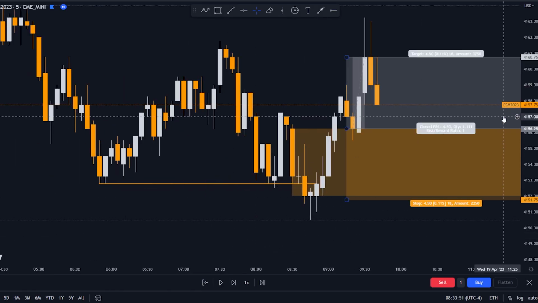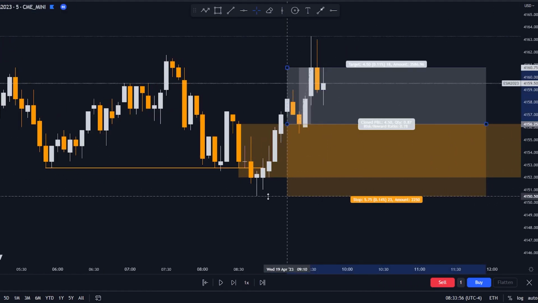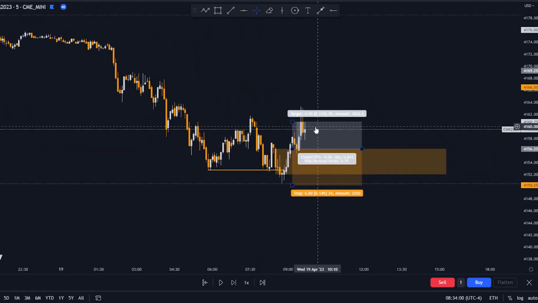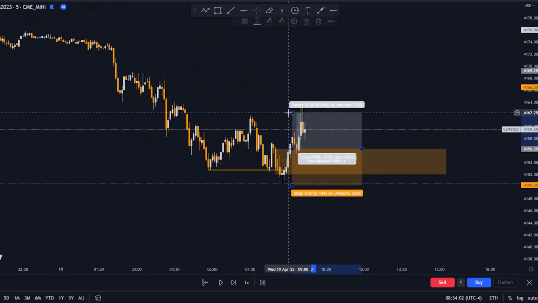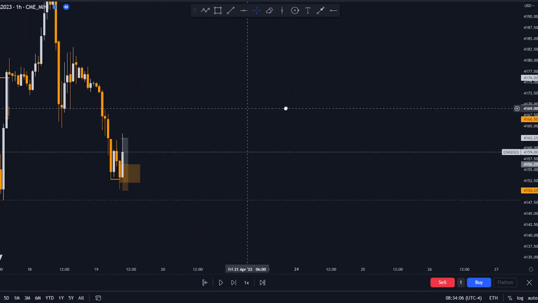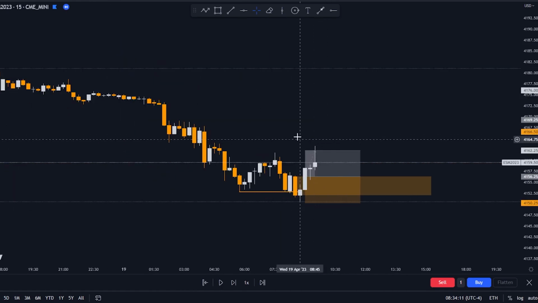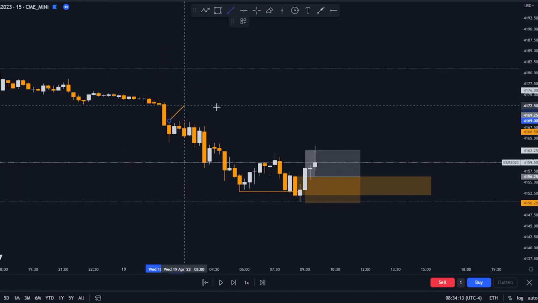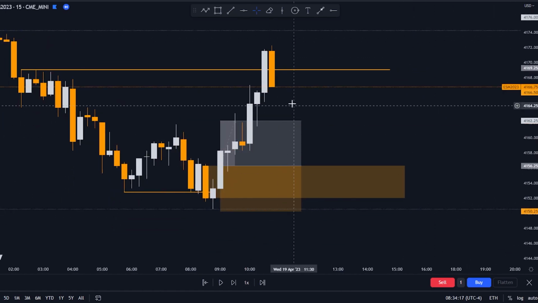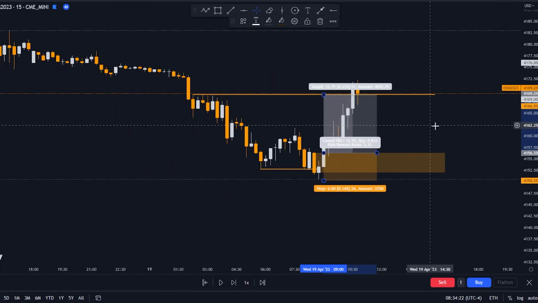And your stop loss should be below this low, at least one tick. So we can aim for a 1 hour trade, and then also for higher time frame liquidity, which would be right here. So let's see how this trade plays out. You can see that we would get filled here for 2 hours.